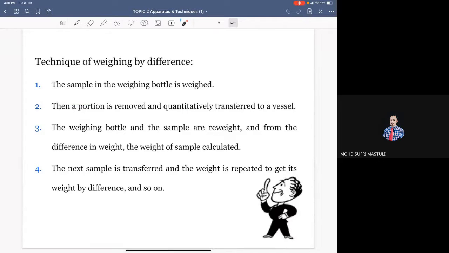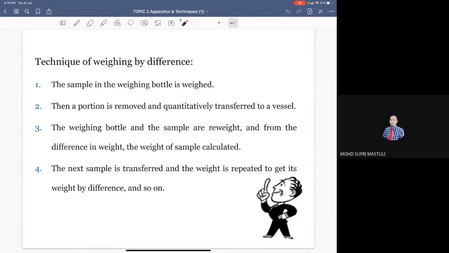Technique of weighing by difference, as I mentioned just now: weighing of solid can be direct weighing or weighing by difference. For weighing by difference, the sample should be in the weighing bottle, which is weighed.